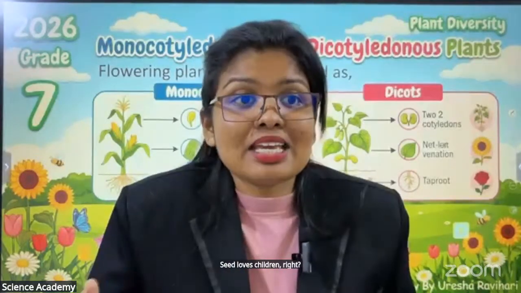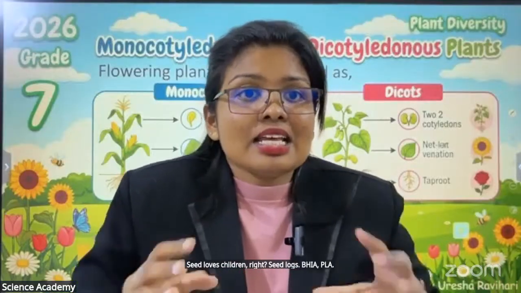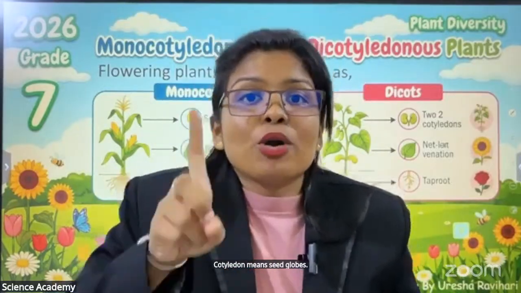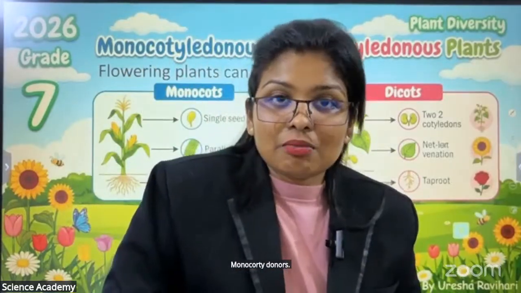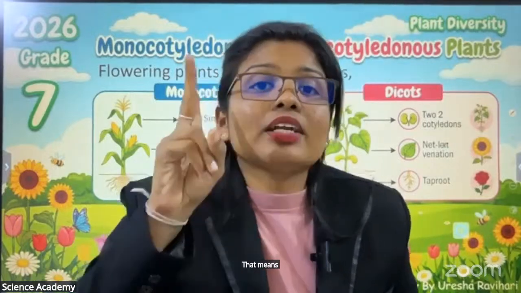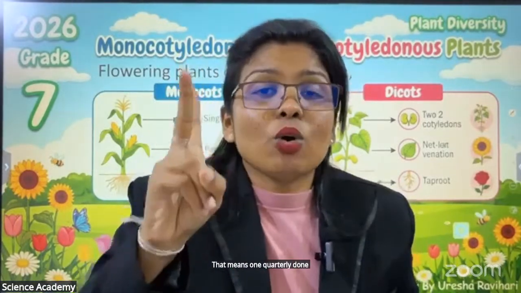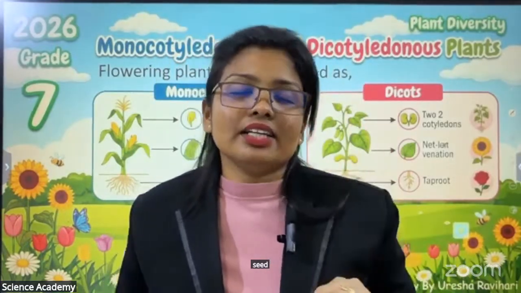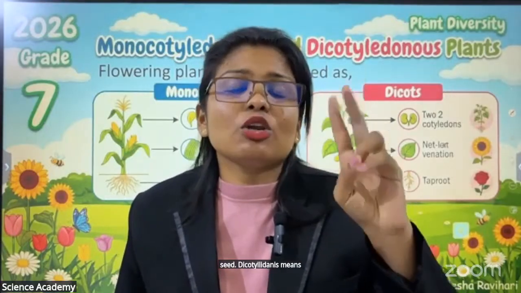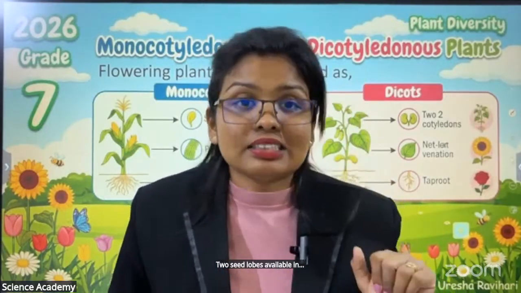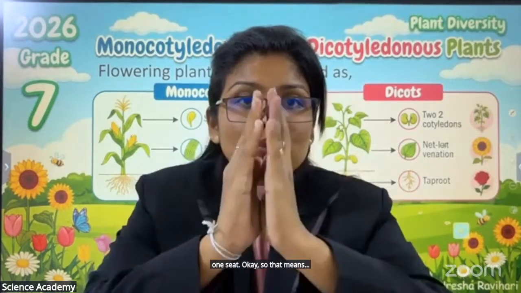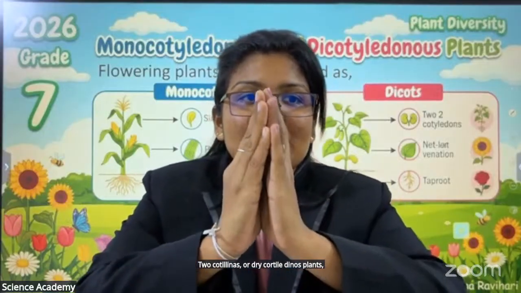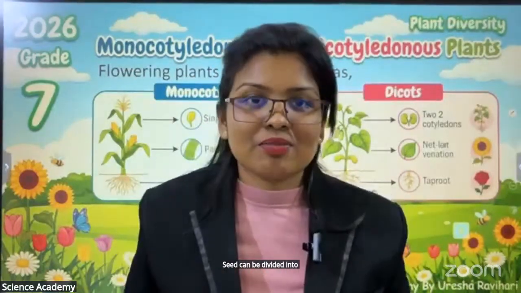Cotyledon means seed lobes. Monocotyledonous means one cotyledon, one seed lobe available in a seed. Dicotyledonous means two seed lobes available in one seed. So that means in dicotyledonous plants, the seed can be divided into two seed lobes, right?